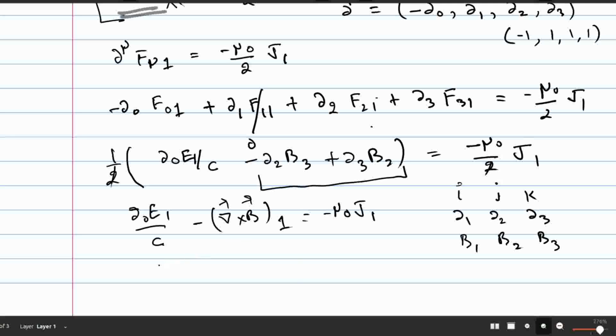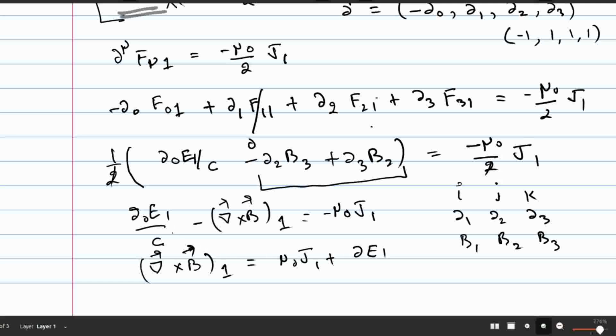Now if we rearrange it, we get curl of B, first component, equals mu naught j1 plus del E1 by del x0.